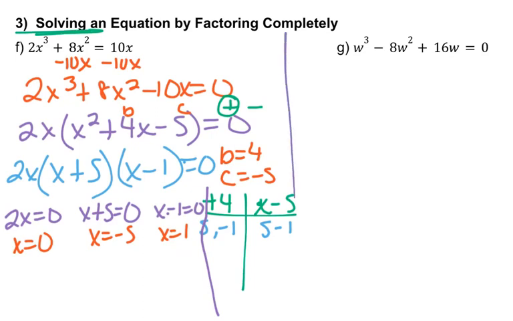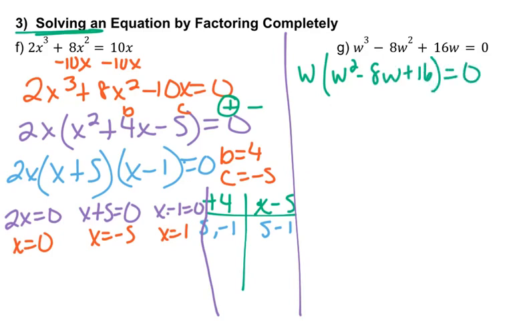All right, last problem. Hopefully I have enough space. So I don't have to move anything over because we already have 0 on one side. So let's go ahead and just factor out what we can. It looks like we can just factor out a w. So that would be w squared minus 8w plus 16 equals 0. Now we have our b is -8 and c is 16.